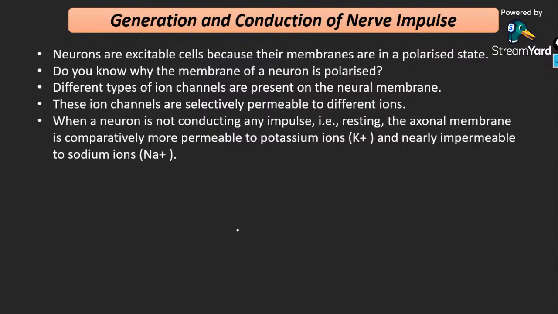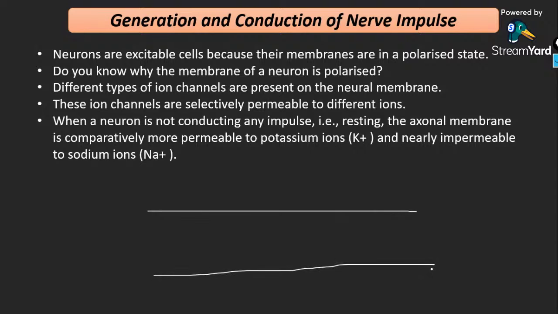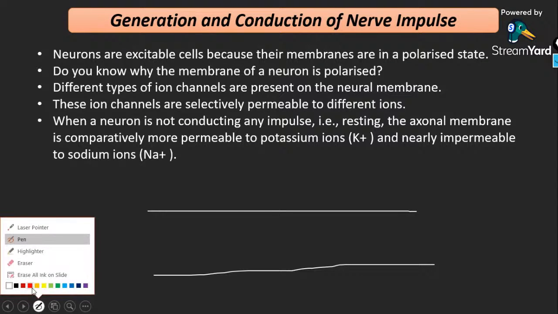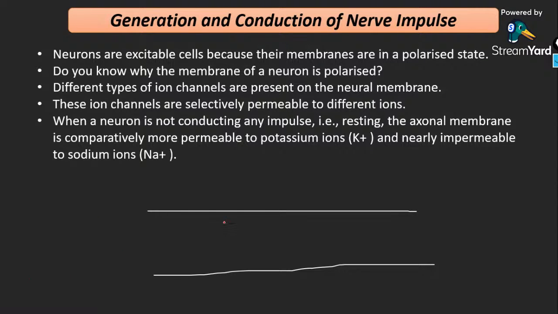Everybody just imagine this is going to be a neural membrane. In this neural membrane, we have different types of ion channels. They can be voltage gated, they can be ligand gated. There are various types of ion channels.